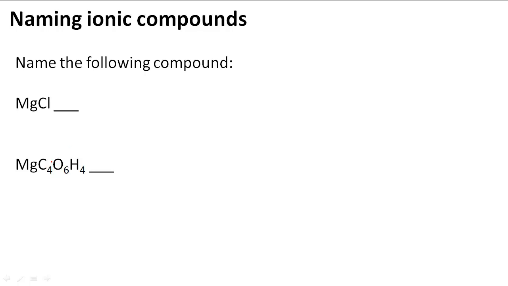Ionic compounds have a very specific way of naming so that we know it's an ionic compound. So in this problem, we're going to try to figure out what the name is.